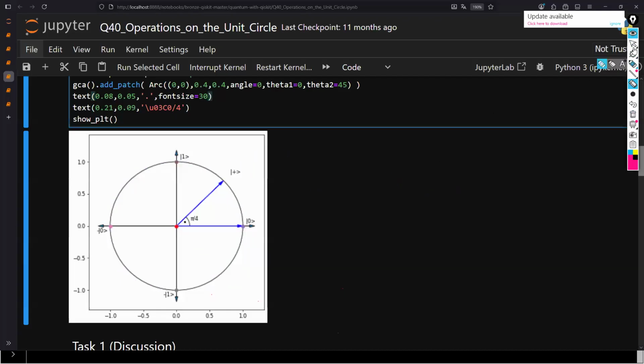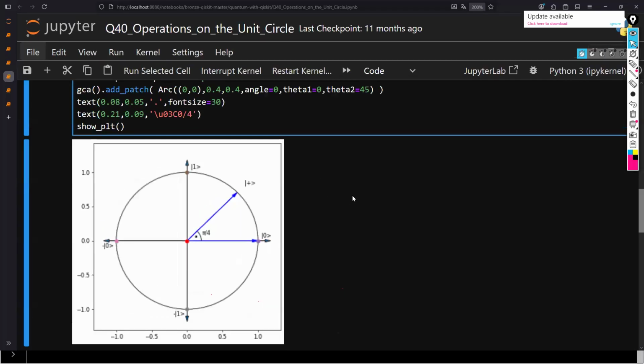What we can see is that after applying a gate, we could express our state as a vector on that circle, and this would be the representation that we will use throughout this course. So this representation on the unit circle will be valid throughout the QBronze.